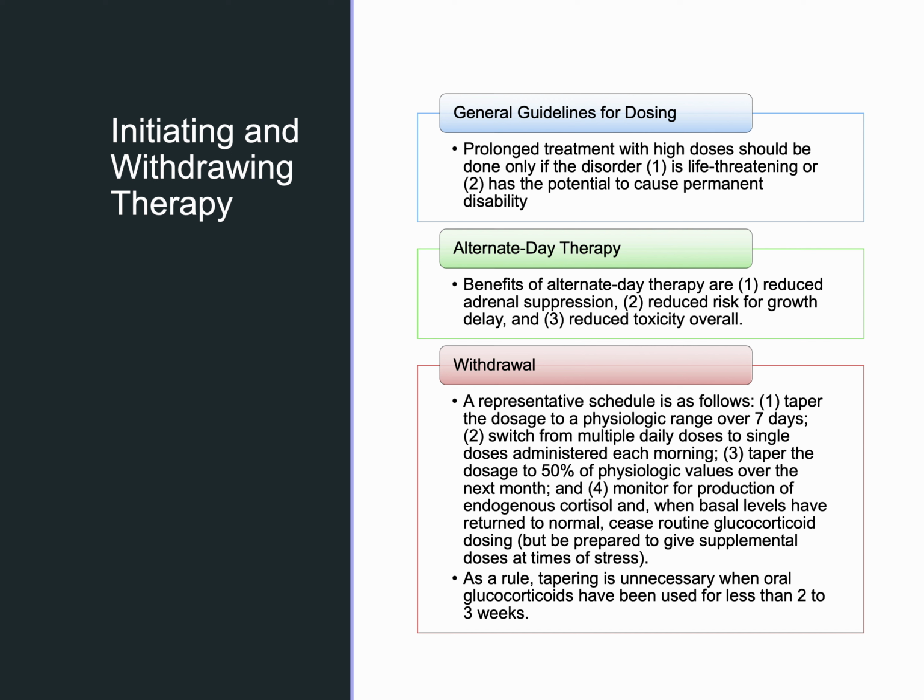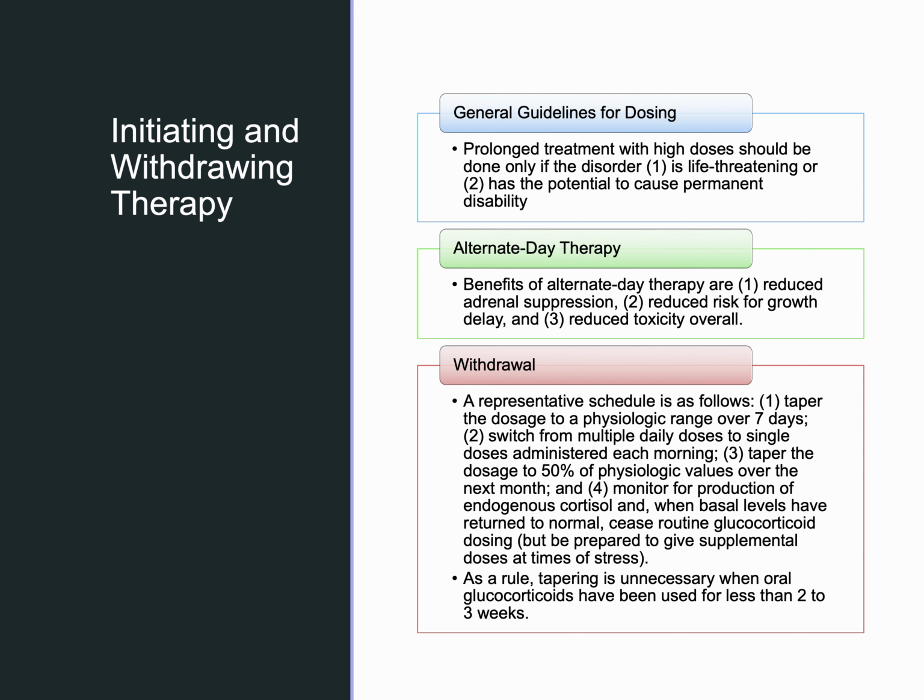Now, going back to glucocorticoid withdrawal, it all has to do with recovery of the adrenal function. So, really try to understand how the adrenal gland plays a large role in the withdrawal process. We always have to withdraw long term high dose glucocorticoids slowly, and the withdrawal schedule is determined by the degree of adrenal suppression.